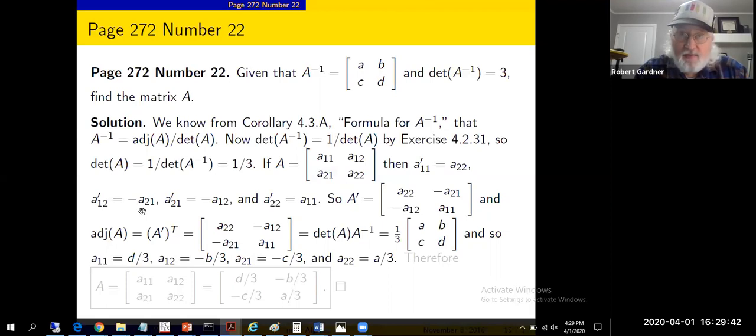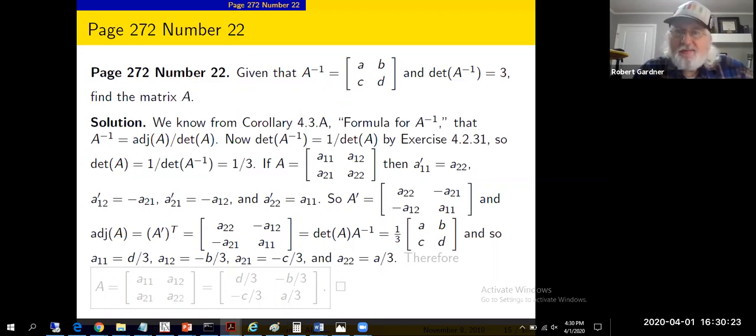In terms of the elements of matrix A, it is negative A21. So we get a negative A21 here. This would be the 2, 1 entry of A prime, A sub 2, 1 prime. A sub 2, 1 prime is negative A12. Negative A12 goes here. This would be A22 prime. A22 prime equals A11, and A11 goes here. So there's the matrix A prime in terms of the entries of matrix A.